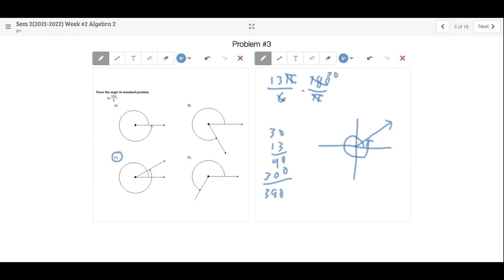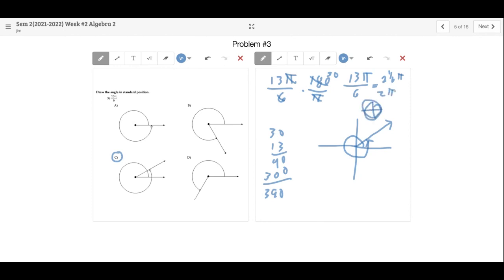Well, to tell you the truth, I probably could, because if I reduce 13 pi over 6, that would give me 2 pi, because 6 goes into 13 2 times, so that would be 2 1/6 pi. I know what 2 pi is. It's all the way around the circle.